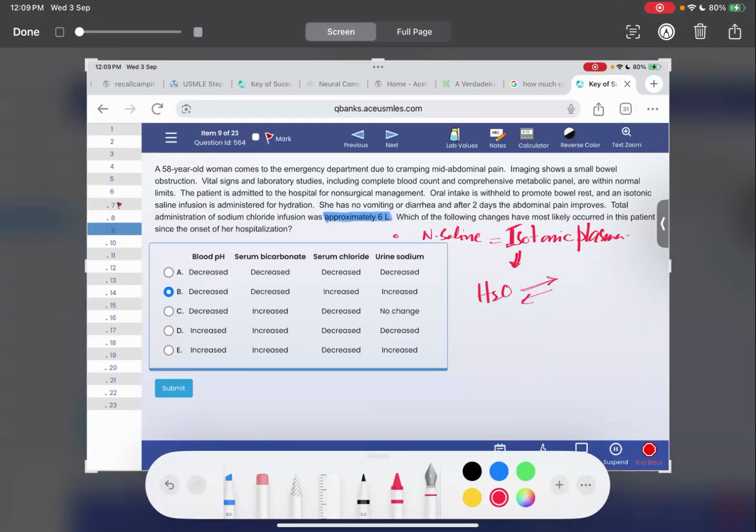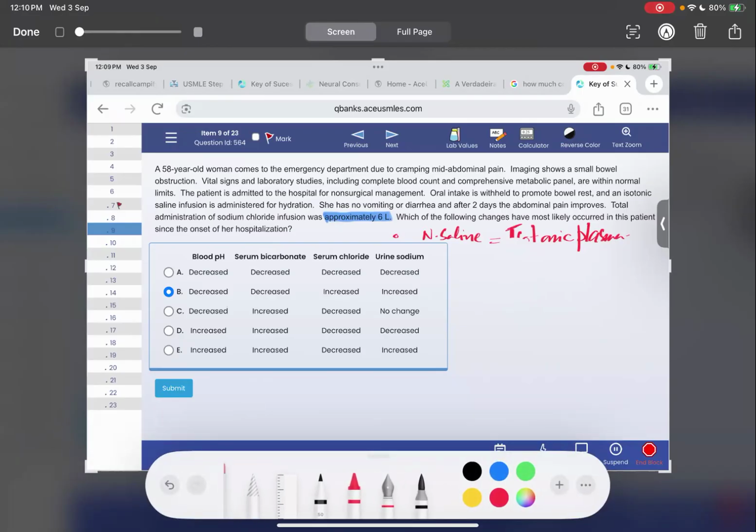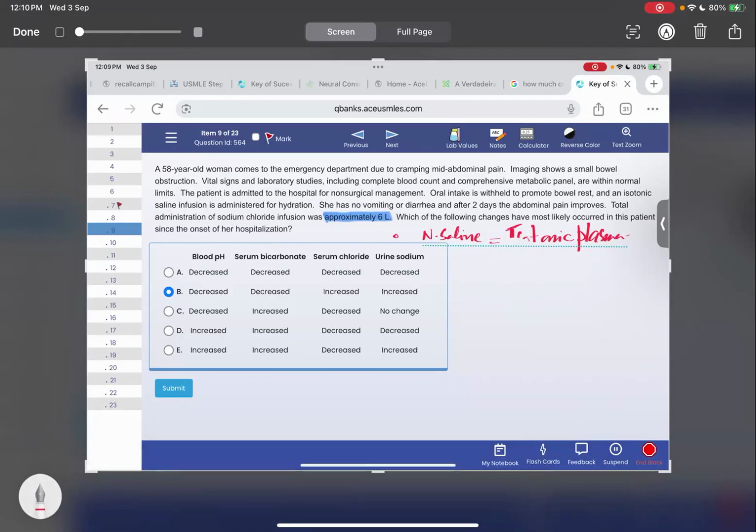I am explaining this because some students confuse it with the composition. Now, what is the composition of normal saline? It is 154 sodium. You can look for the units, but I am explaining the concept, and 154 chloride.